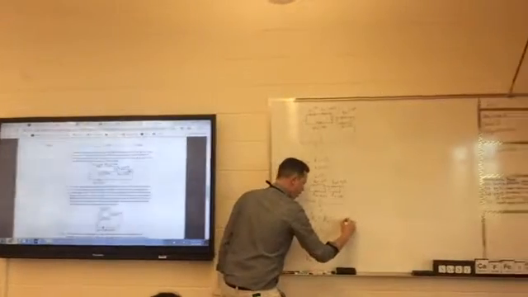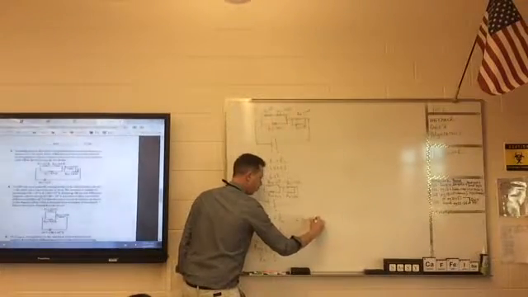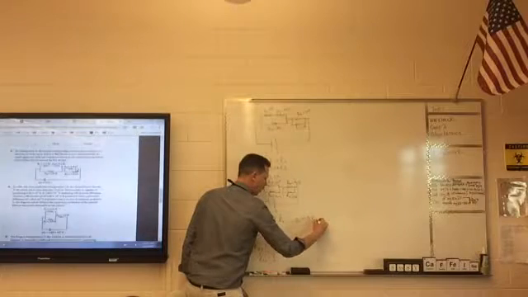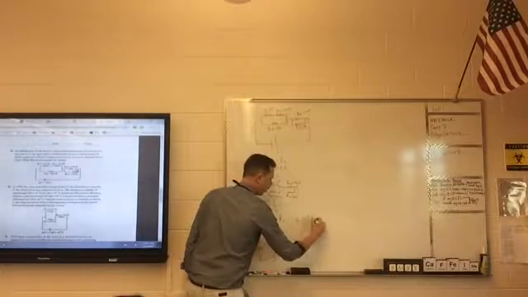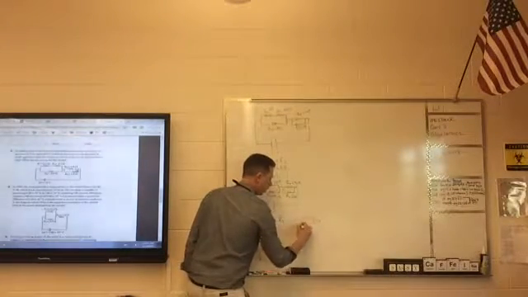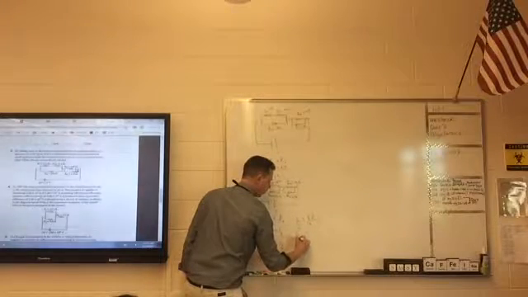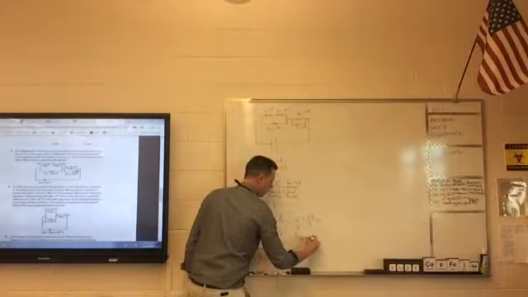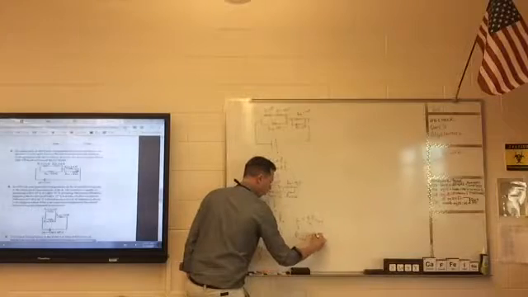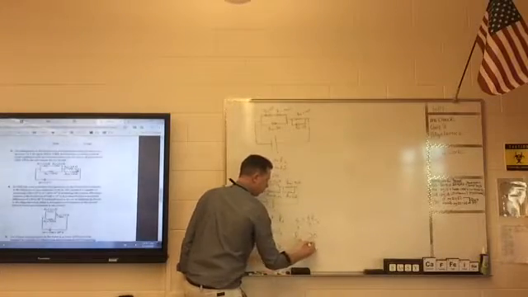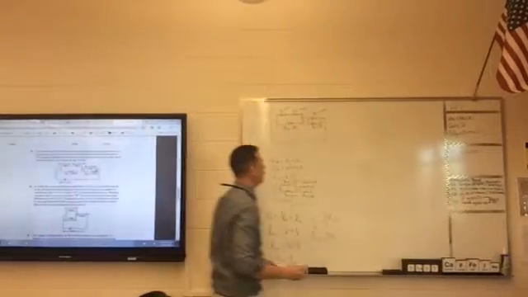Cross multiply, we get 6 is equal to 3 R123, then divide by 3, and I get the equivalent resistance of R123 is equal to 2 ohms, okay? So you've actually simplified your circuit.